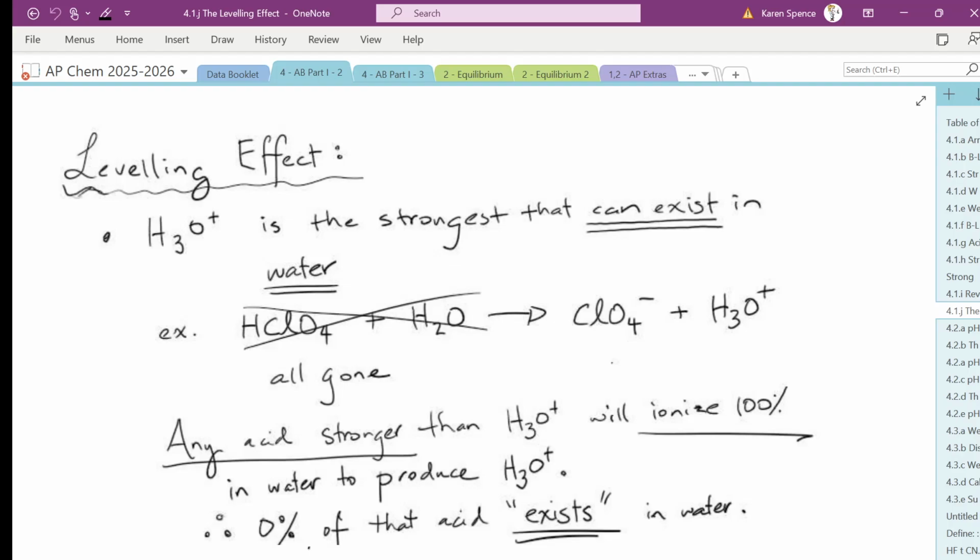What the leveling effect is, it just simply states that H3O plus is the strongest acid that can exist in water.